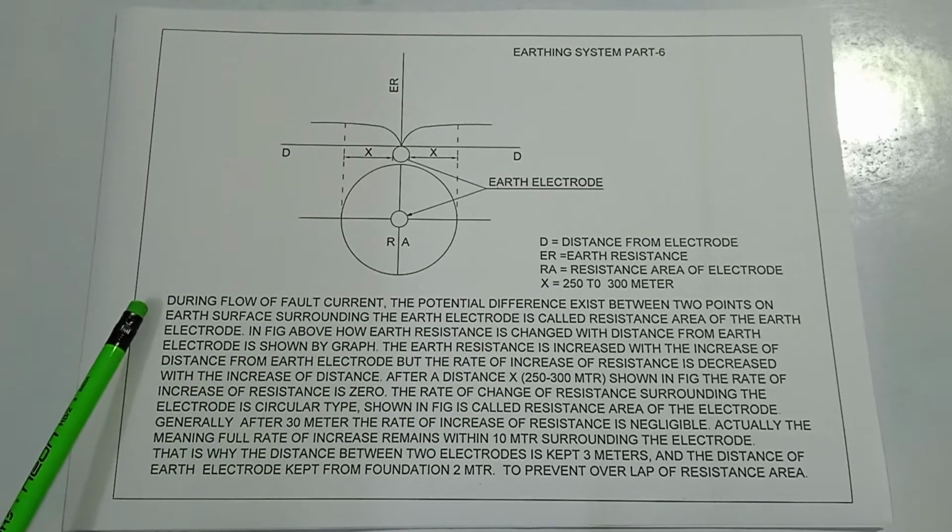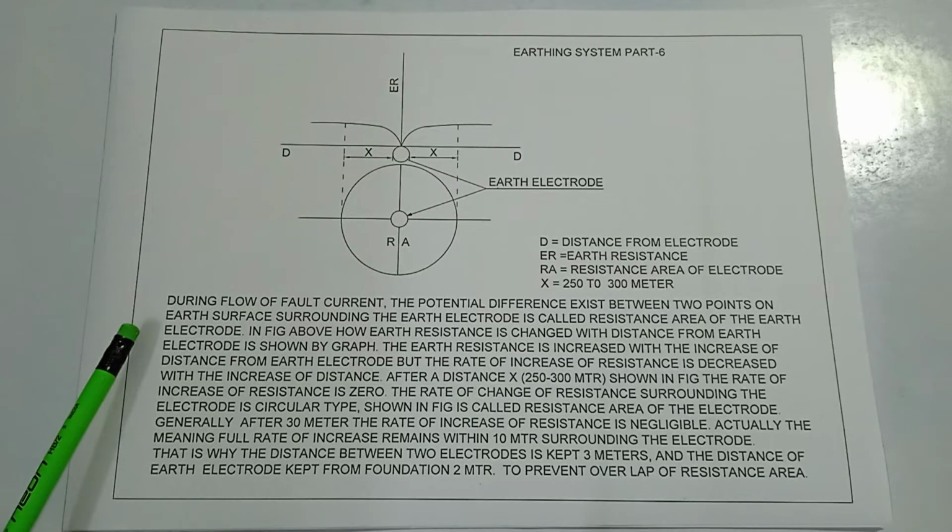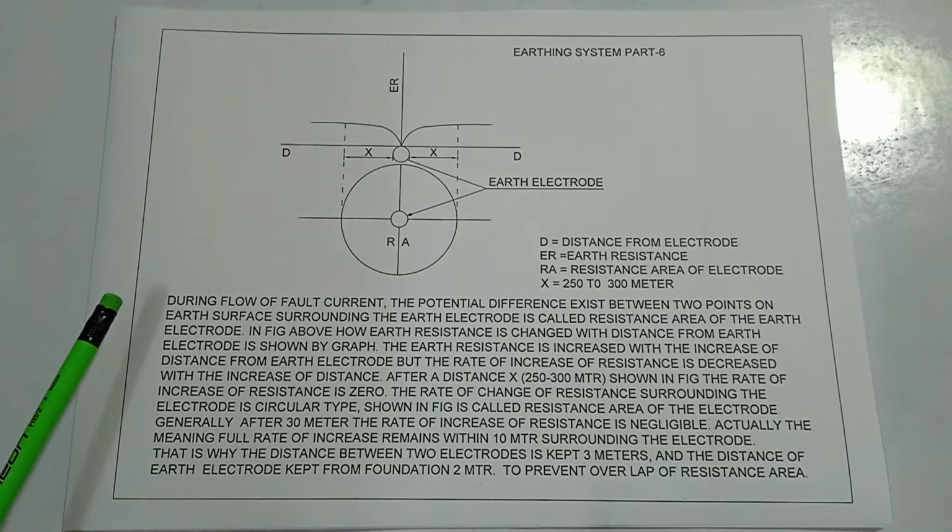Let's start. During flow of fault current, the potential difference that exists between two points on the earth surface surrounding the earth electrode is called the resistance area of earth electrode.